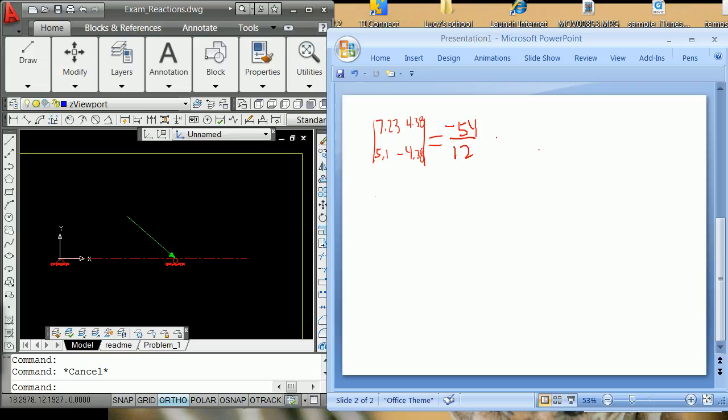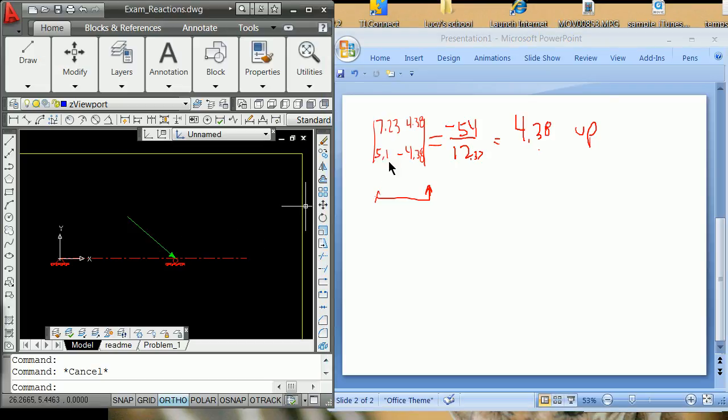And that turned out to be, you have to realize this is going up, it is 4.38 up. Why? Because this minus 54 is the torque, and the other one is actually the torque of that little force there, and that's got to spin opposite, or in a positive way, at a distance of 12.33. You get a reaction of 4.38 up.